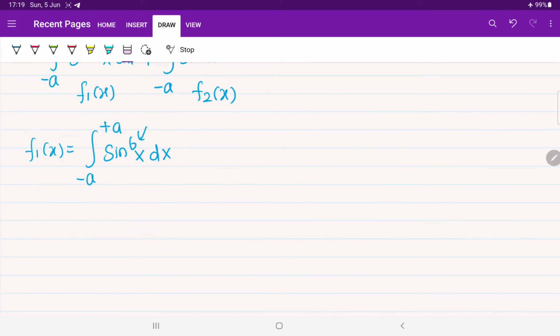Actually I made a small mistake: I gave this name only for the inner function, not the whole integral. That sometimes happens unconsciously. The function is sine power 6x.